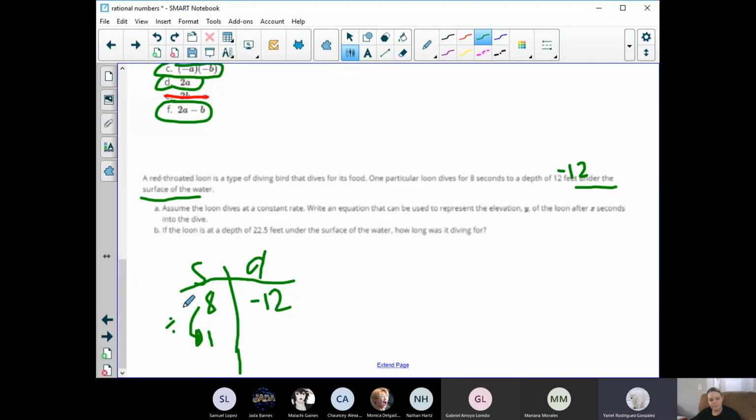I can't tell what that number is. We have 8 seconds, and we're trying to get to 1 second. So what are we dividing by? Dividing by 1. 8 divided by 1 is 1. Yes?